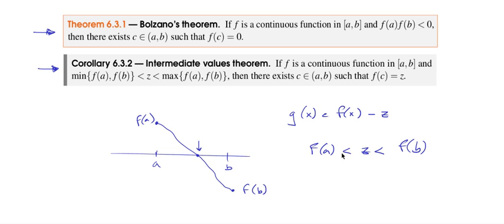It could also be the case that if f(a) is greater than f(b), these two are exchanged, but it's the same thing nonetheless, right? Well, then we subtract f(x) on both sides, so we have f(a) - f(x) smaller than z - f(x) smaller than f(b) - f(x), right?